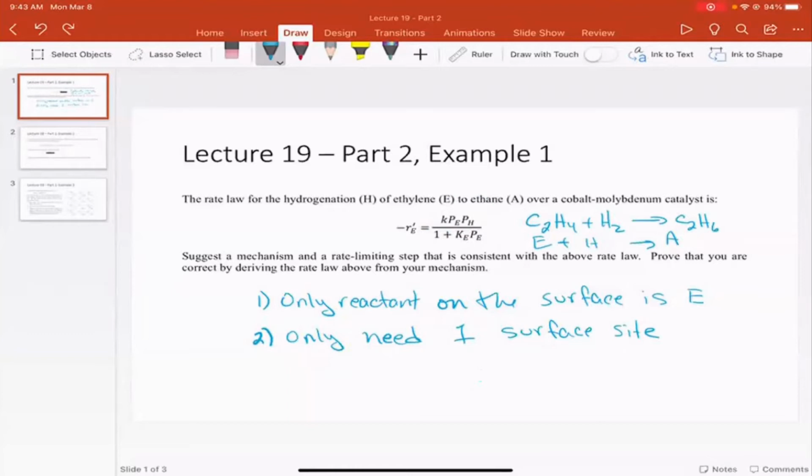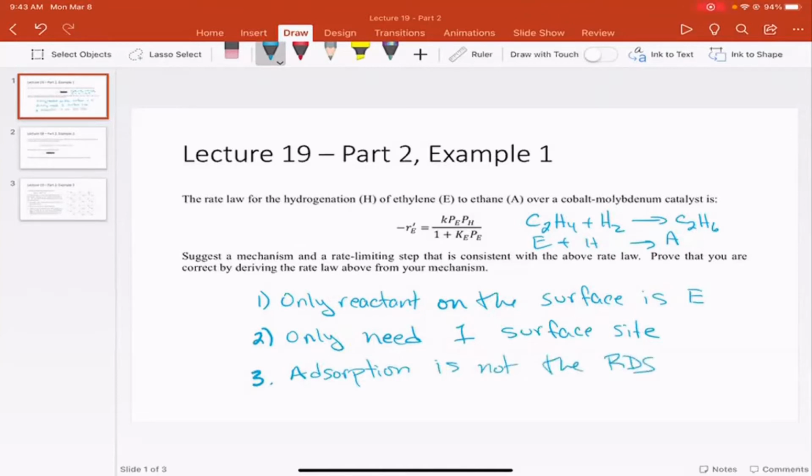The other thing that we are going to be able to know from this is also that adsorption is not the rate determining step. And you might think, how in the world do you know that from just looking at the rate law?